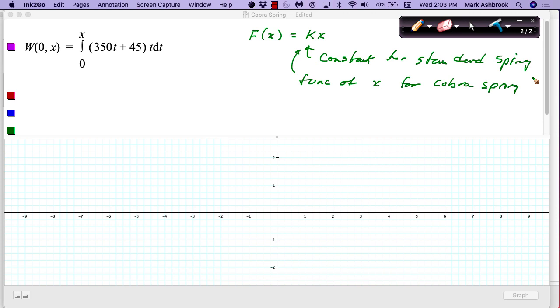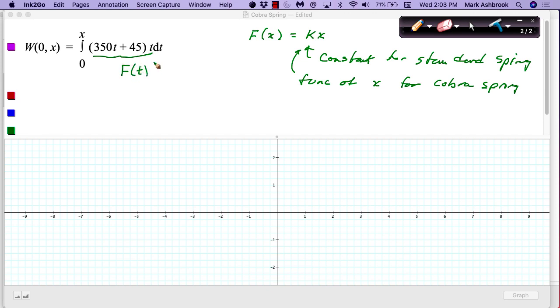Okay? And we know that the rate of change of work is force, right? As you stretch a spring, you're doing work, and the rate of change of that work is the force, and the force itself is increasing. So that means our work function is going to be built from the force function.